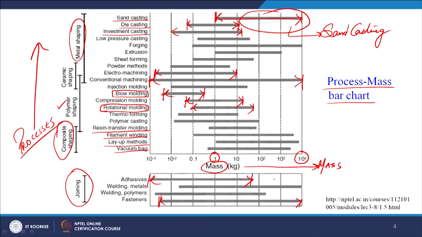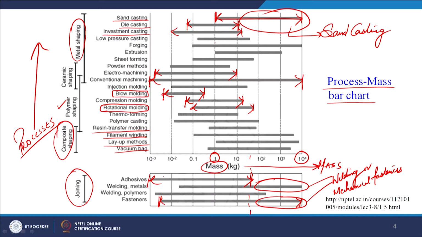So there is a range where the welding or the mechanical fasteners must be chosen. Wherever the weight is lesser, in those cases maybe we can even use the adhesives.